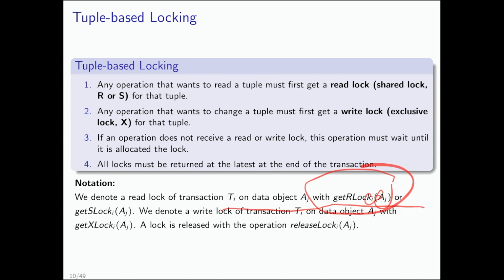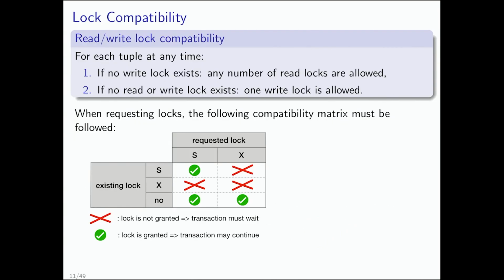You can either write get rlog or get slog. For the exclusive logs you write an x, and then you have a release log to release a specific log on that data object you acquired before.